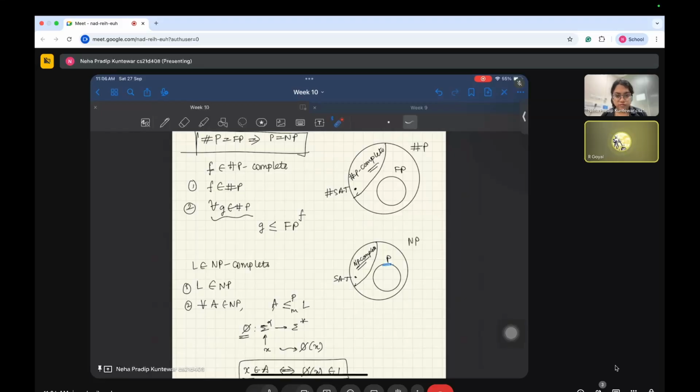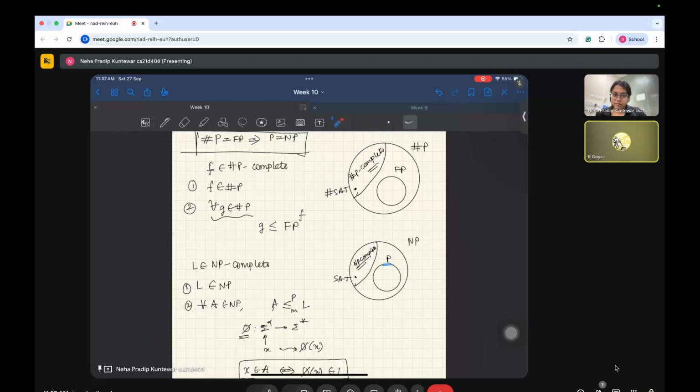So for all G's which are elements of sharp P, all the G's can be reduced to FP with an oracle of F. The FP part is okay, that we are computing the value using a deterministic Turing machine, and then we are giving oracle access to f.